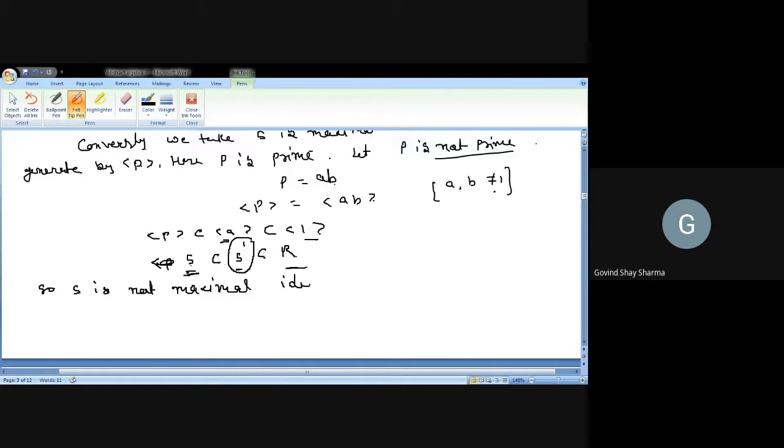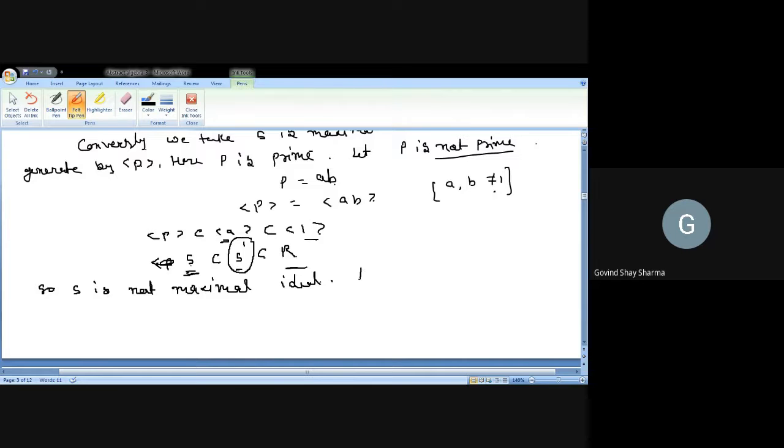But this is a contradiction of our assumption. We have given that S is a maximal ideal.